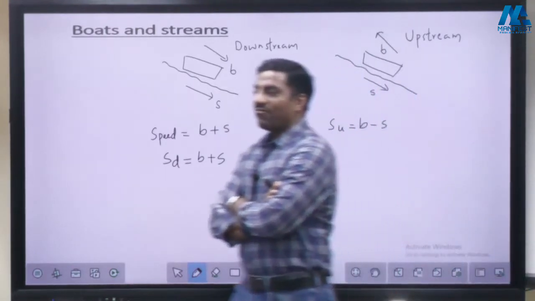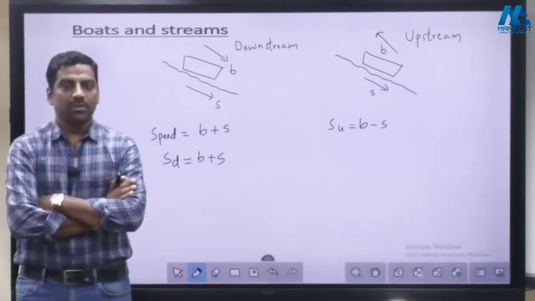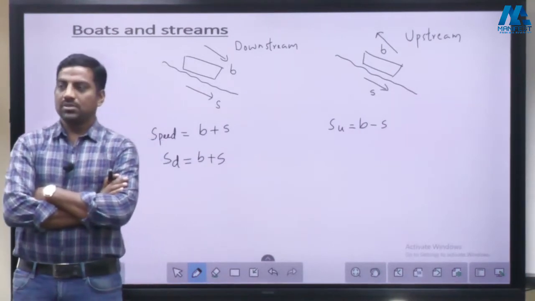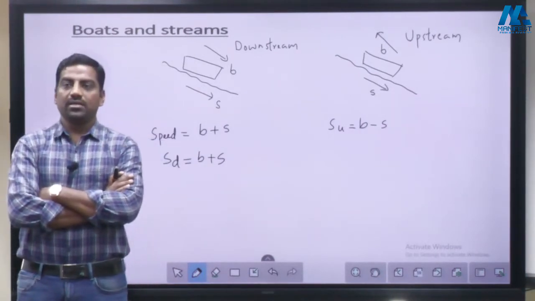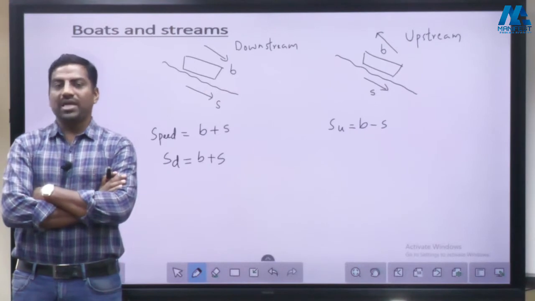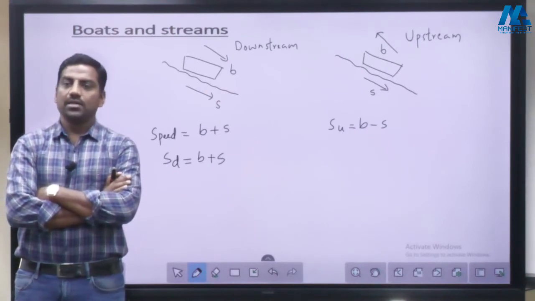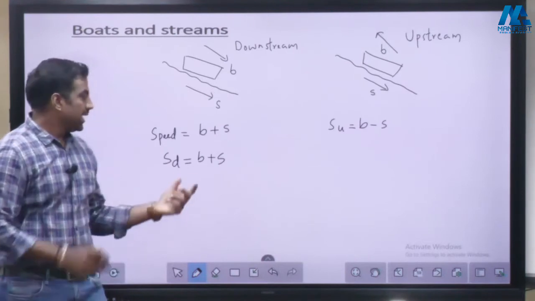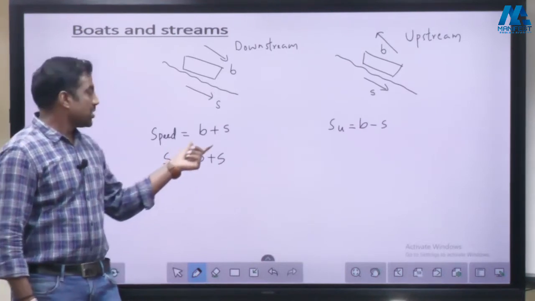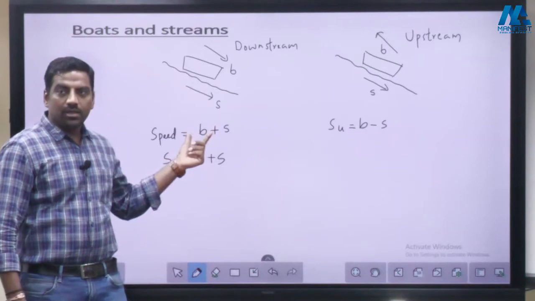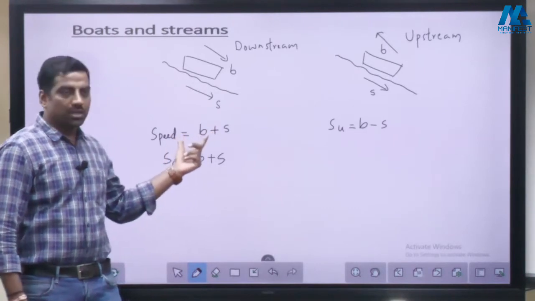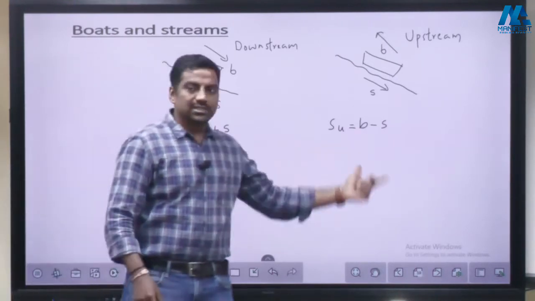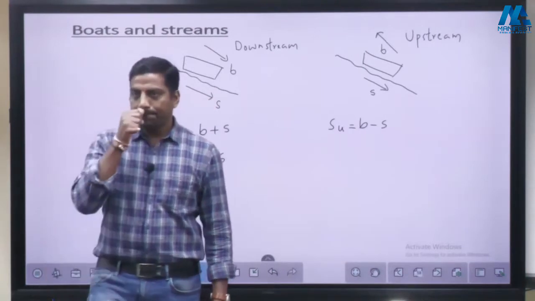Now, everything else will remain the same. Distance as provided in the question, time taken as provided in the question. When it comes to speed, so far you used to write only S for the speed. Now you have to write B plus S for downstream and B minus S for upstream.